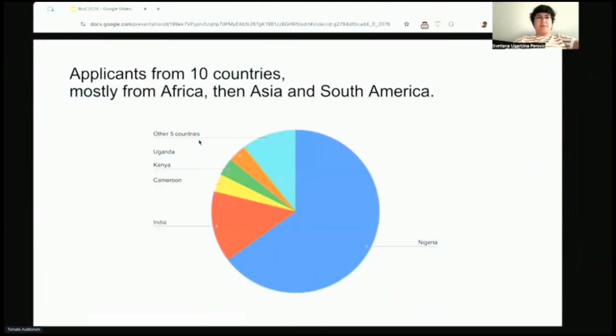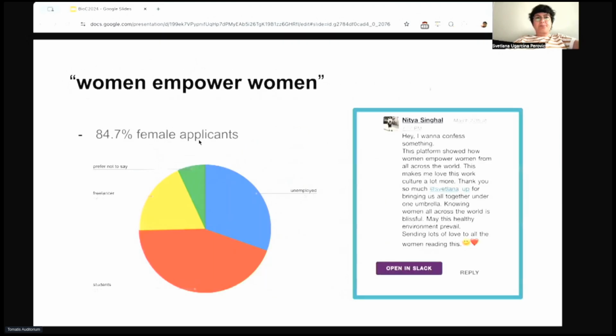We can see here the geographical distribution of our applicants across 10 countries, with strong African representation and significant participation from India. This diversity aligns with our goal of increasing access to genomic data science in underrepresented regions. But moving forward, we might consider strategies to broaden our reach in other countries and regions to further diversify our applicant pool.